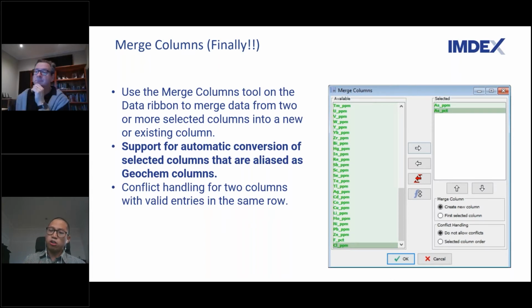So it's going to convert the content of arsenic in percent to ppm, and merge them into that. And then you can choose to create a new column, or you can choose to merge it into the first column, overriding the content of the existing first column in that list. And it also has pretty robust conflict handling when you have two columns with valid entries in the same row.